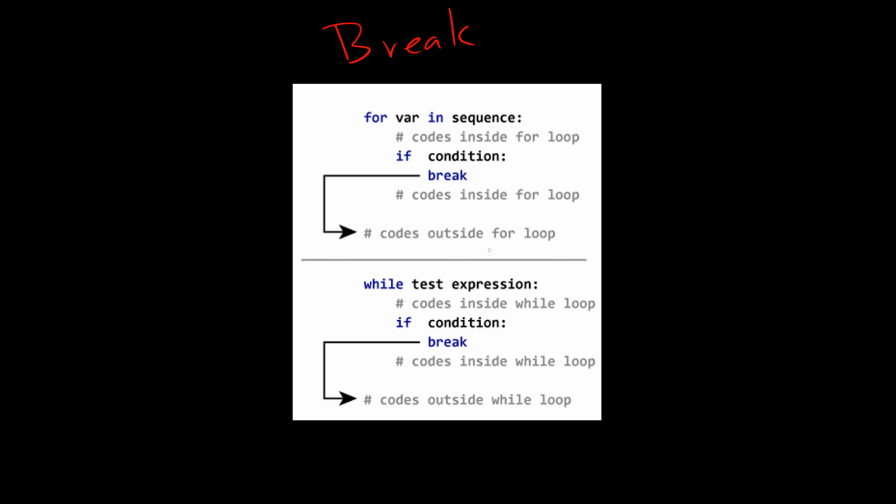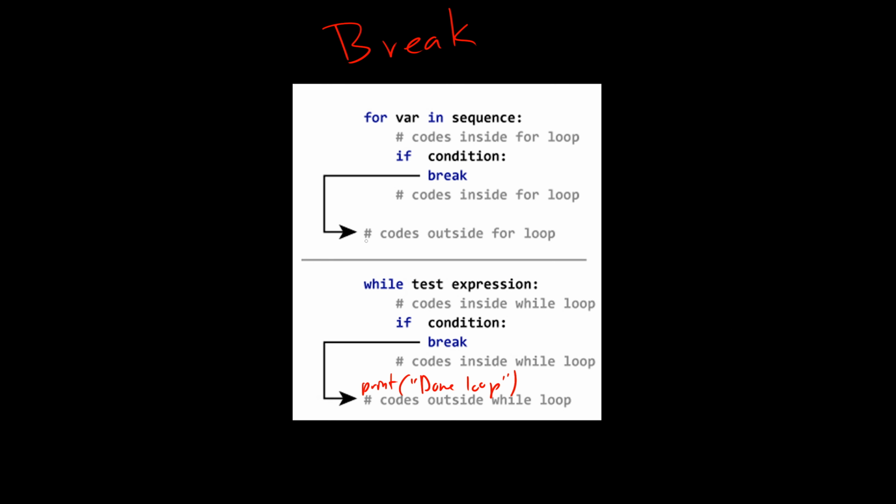So let's look at the while loop first, because that's the first one we learned. Whenever we're in the while loop, and we come to the break command, instead of going back to the loop and looking at the test expression, the moment you see break, it's going to go out of the loop. So imagine if you have another command here, like print done loop. And also imagine if this expression was always true.